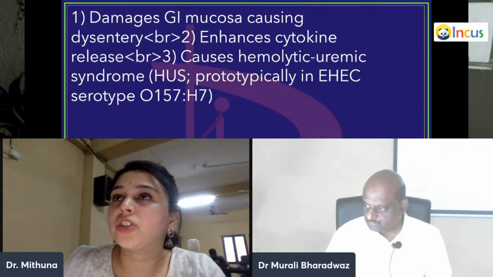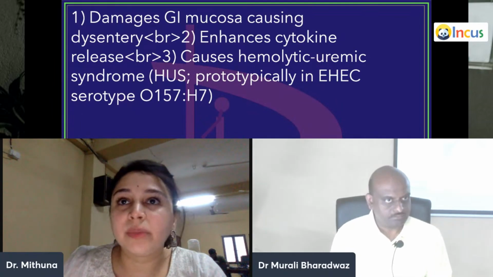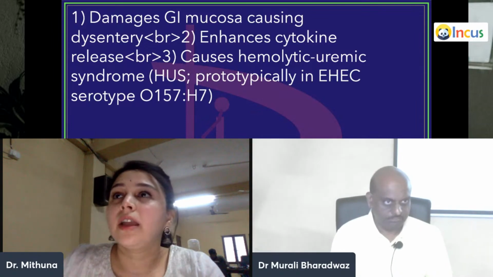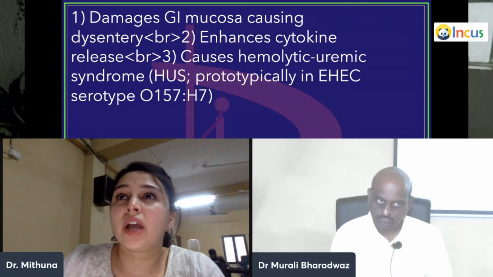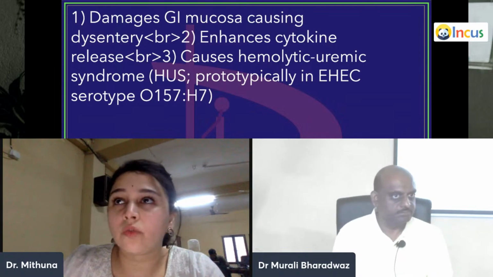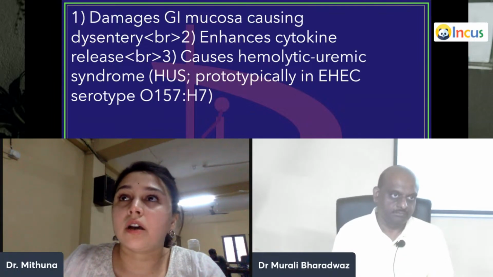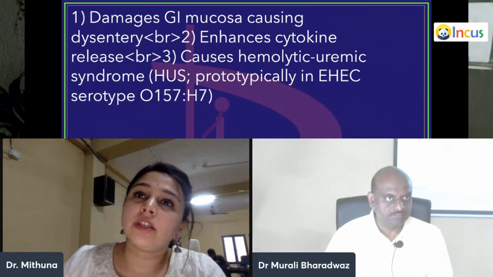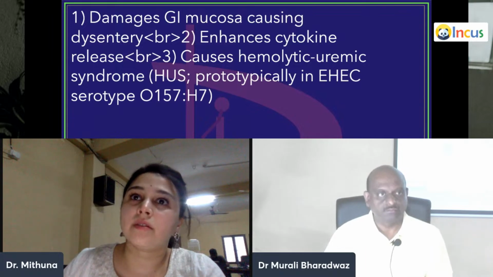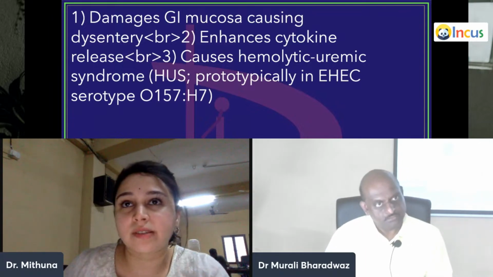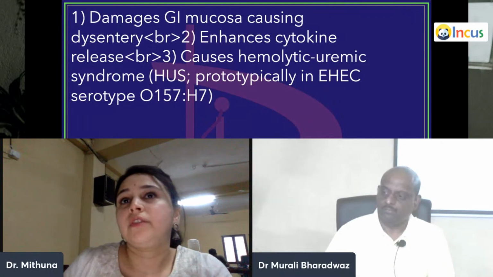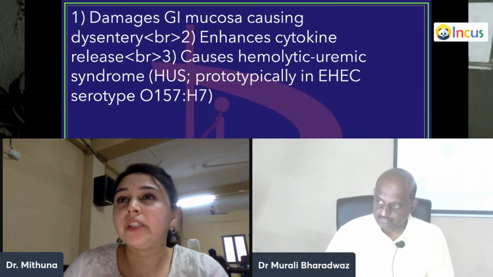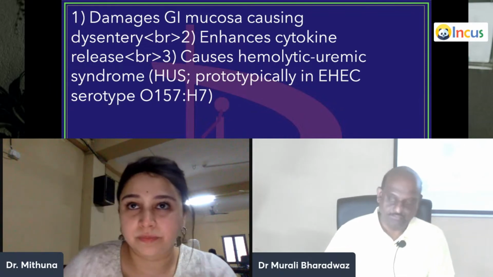Firstly, sir, at the GI mucosa, it causes dysentery because it ends up killing the cell, so there is bloody diarrhea, and once there is enhanced cytokine release, all other organs get involved. If you take EHEC, which produces Shiga-like toxin, especially the O157:H7 serotype, it causes HUS, hemolytic uremic syndrome, where you have acute renal injury, thrombocytopenia, and hemolytic anemia.